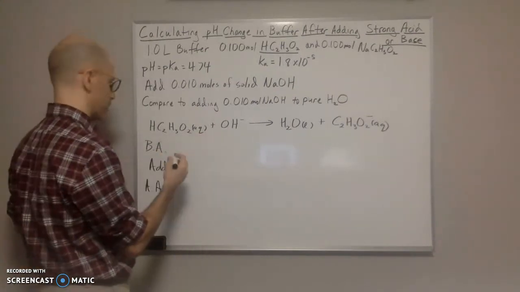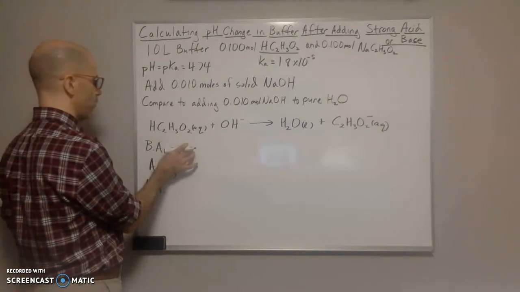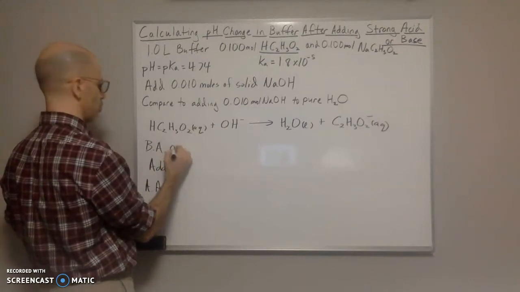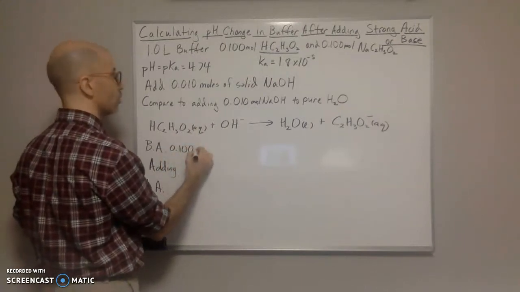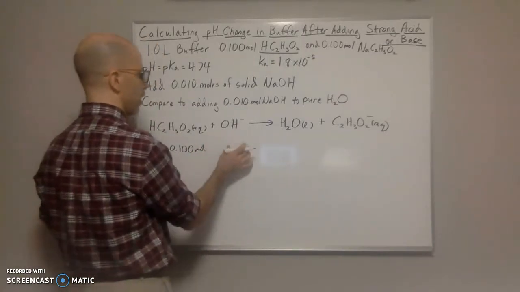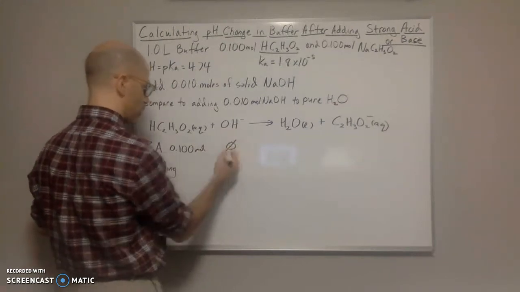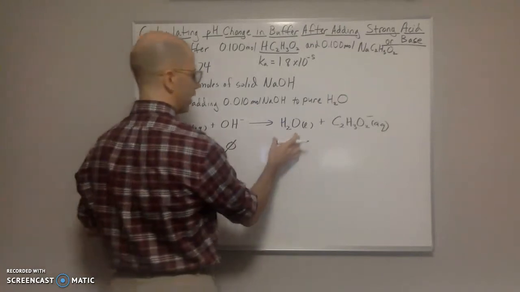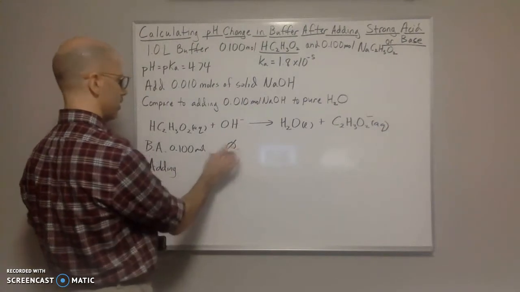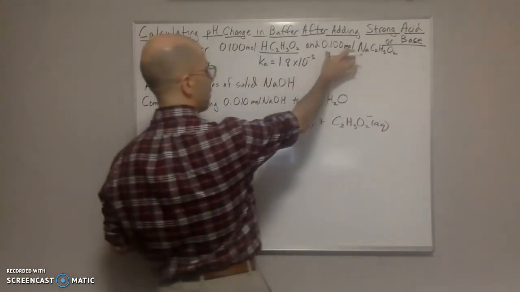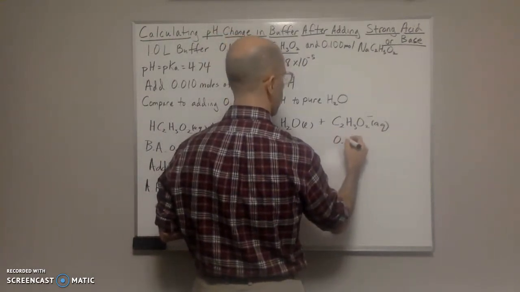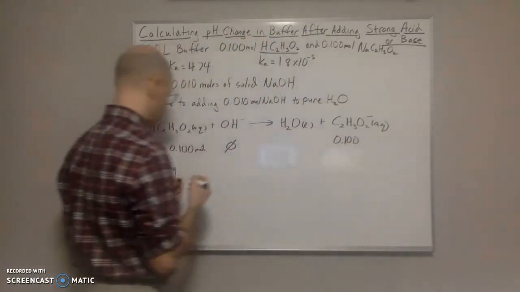So here we've got a strong base. Before we added the base, the number of moles of acid we had is 0.100 moles. And for the water, we're ignoring it. Before we added, there's 0 or approximately 0 of the base, and the conjugate base has 0.100 moles.